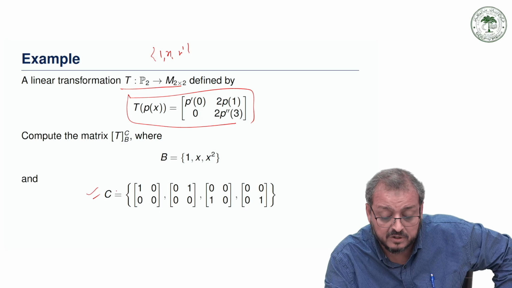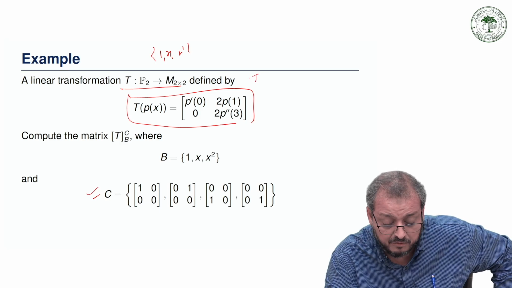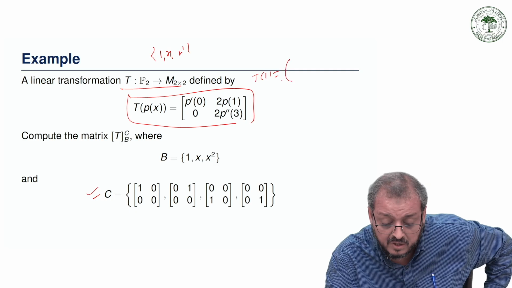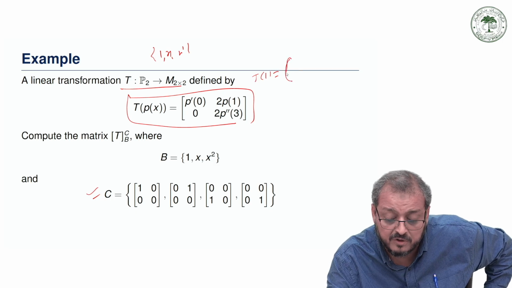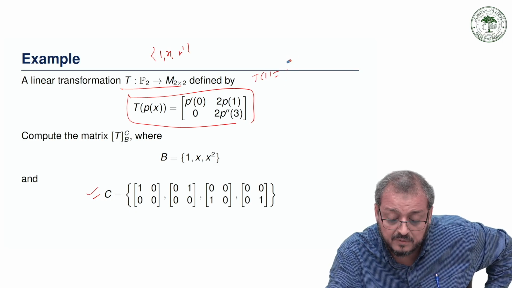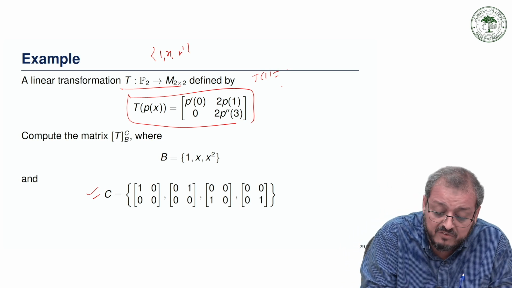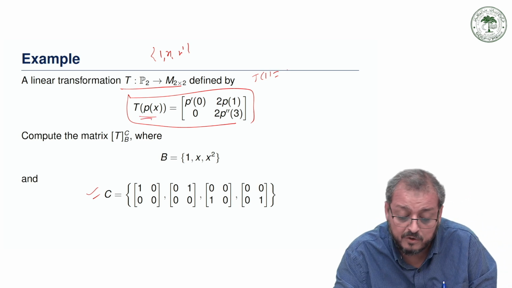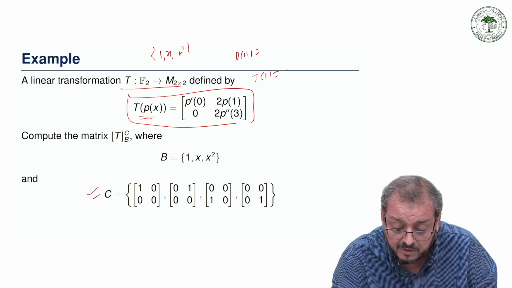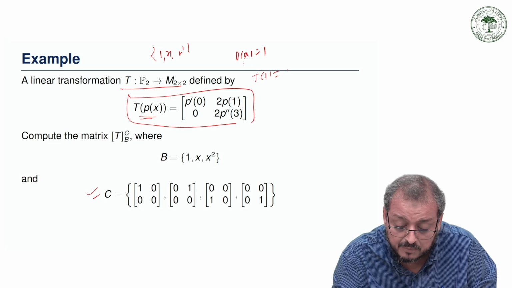For example, we calculate T of 1. T of 1 is nothing but a matrix, and to form the matrix we have to calculate the derivative, because the polynomial is P(x) equal to 1, so we take the derivative of P(x), which is equal to 0.